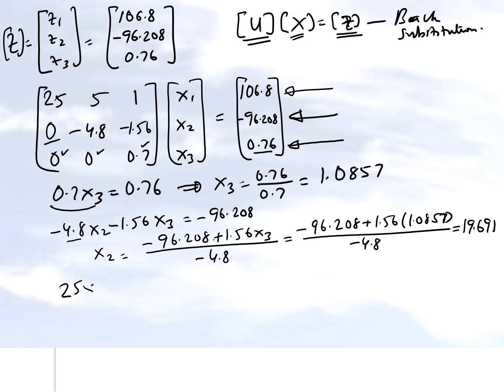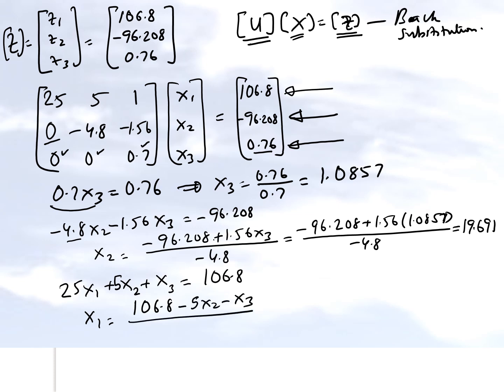So let's see what we get from the first equation, which is right here, which will have all the unknowns. But at the same time, we already know that we have found the other unknowns except for x1. So I'll write down the equation in terms of x1, because that's the only unknown.